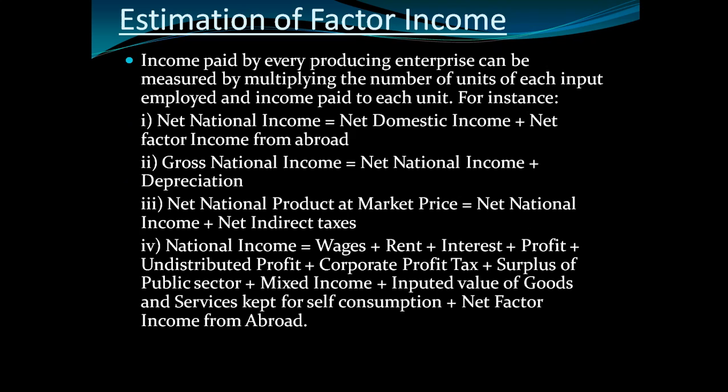Say for instance, net national income is equal to net domestic income plus net factor income from abroad. Then what is the gross national income? It is the net national income plus depreciation. Then what is the net national product at market price? It is nothing but net national income plus net indirect taxes. So the first one plus the net indirect taxes.